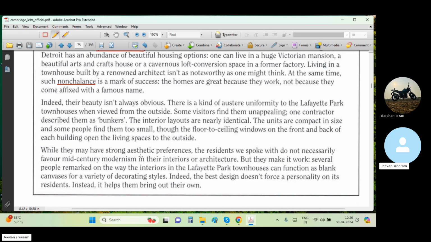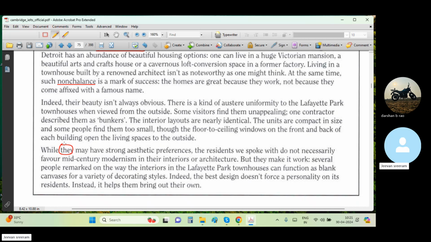The residents may have strong aesthetic preferences. Aesthetic preferences mean they have their own taste, what their residences should be like. Everybody wants their own beautiful house, as per their tastes and preferences.